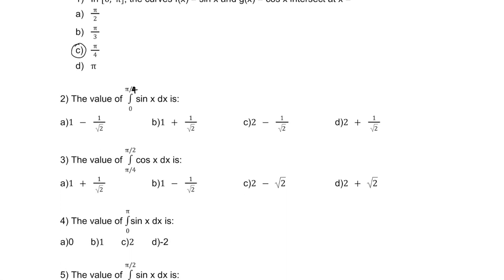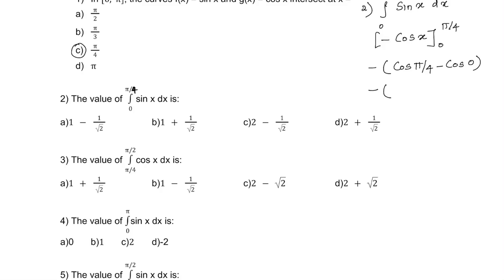Question number 2. The value of integral 0 to pi by 4 sin x dx is, on integrating sin x dx from 0 to pi by 4, we get minus cos x, and applying the limits 0 to pi by 4, minus cos pi by 4 minus, minus cos 0.